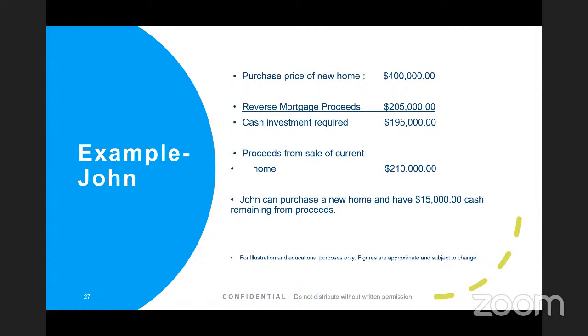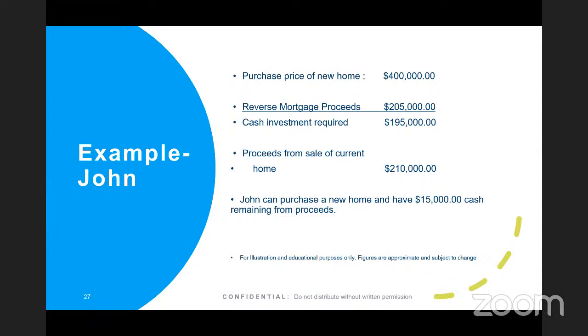And here is our example for John. John is going to purchase a new home at $400,000. And remember, I said we use the age, the purchase price, the current interest rate, et cetera. That all goes into a HUD formula.